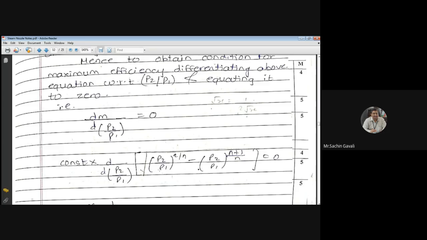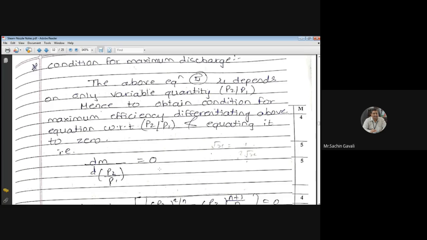Do you understand what we want to do now? Whatever the equation of M, it depends on the variable P2 upon P1. Therefore, for the maximization condition, we are differentiating this M equation with respect to P2 upon P1, because M value strongly varies with P2 upon P1. We take dm with respect to P2 upon P1 and equate that differential equal to 0.